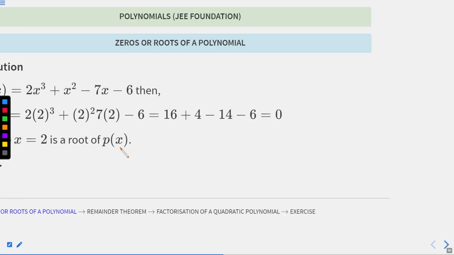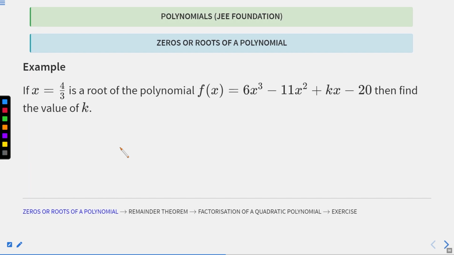Let's move to next. Now, example: if x equals 4 by 3 is a root. This means we are given that x equals 4 by 3 is a root of this polynomial. My polynomial is already given. Then find the value of k. This means that f of 4 by 3 will be 0, because it is a root of the given polynomial, and my polynomial is this f(x). Now just replace x by 4 by 3.